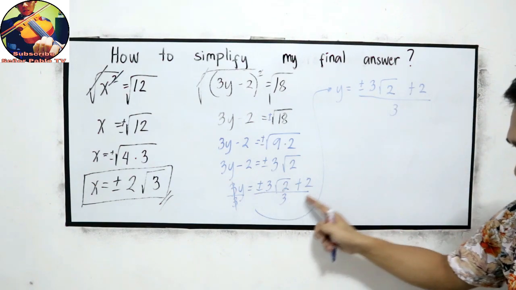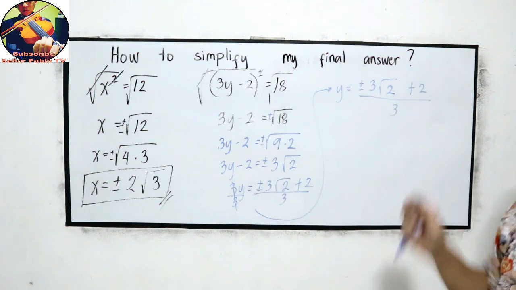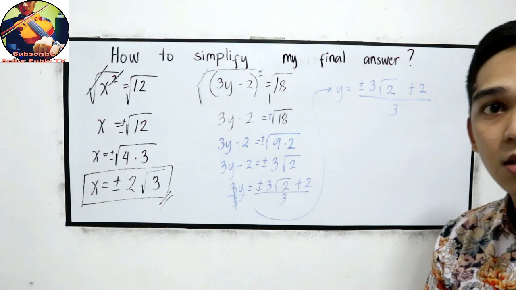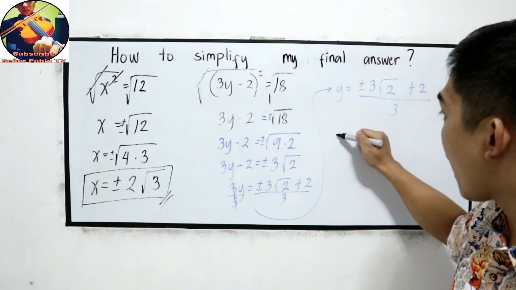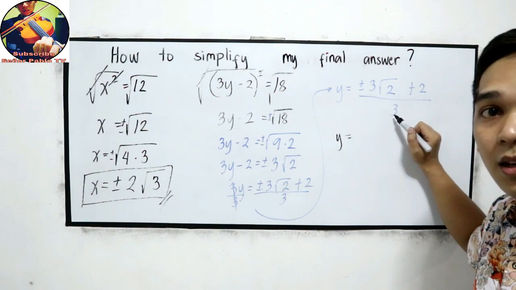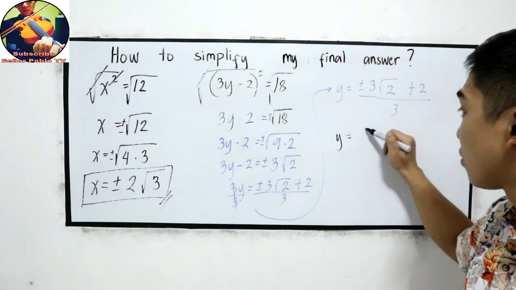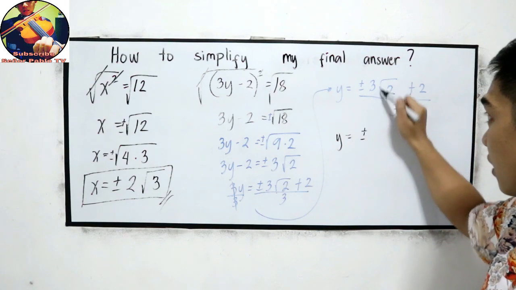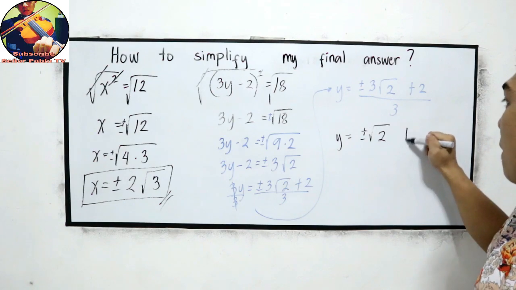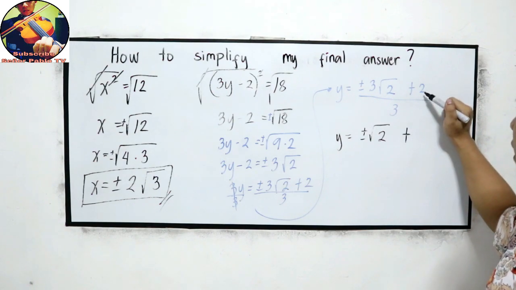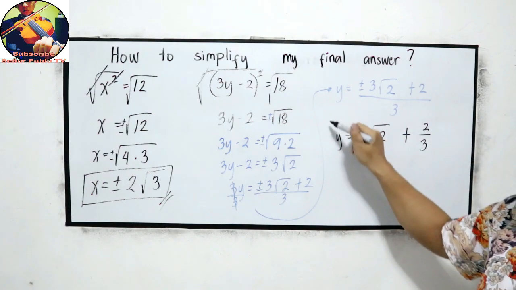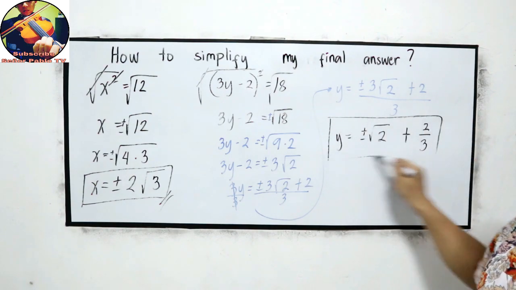Next, 3 divided by 3 will give us 1. So positive negative, the remaining is square root of 2. And last, plus, this will be the fraction 2 over 3. This will be our final answer.